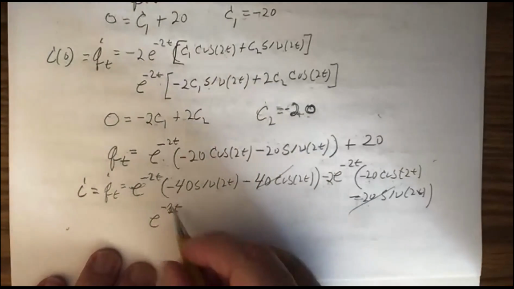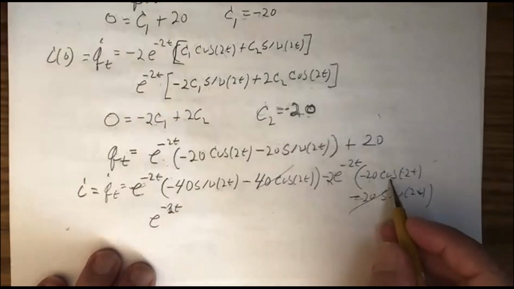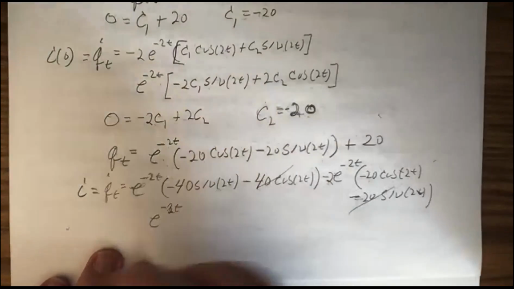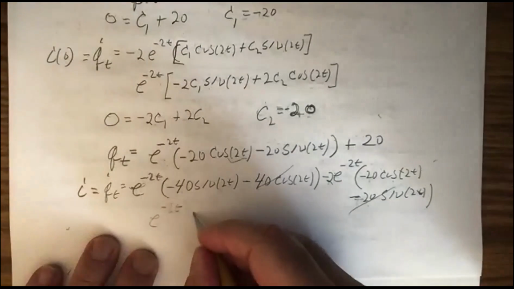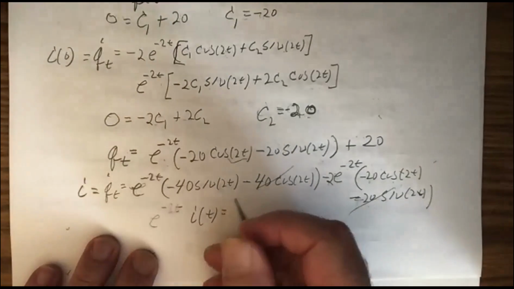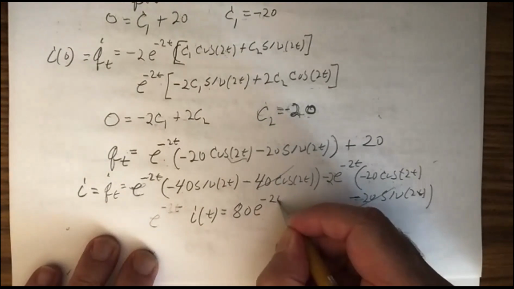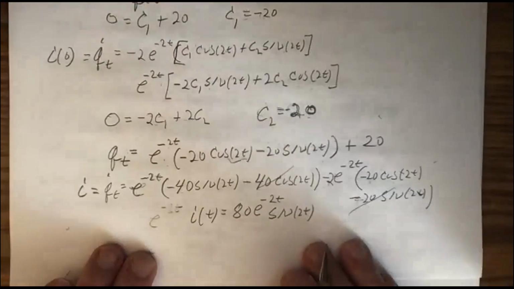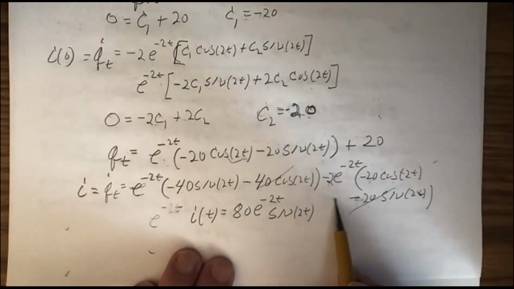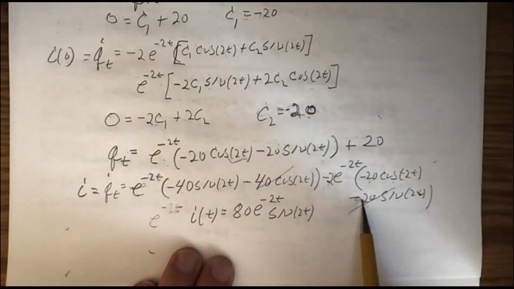Here I got, and then this is going to be 80, right? No, the cosines cancel out. The sines will cancel out. So the answer is I as a function of t. Let's make sure this is going to be equal to 80 e to the minus 2t sine of 2t, right?